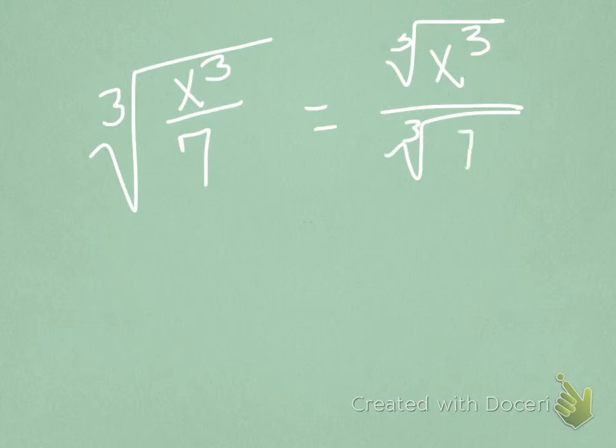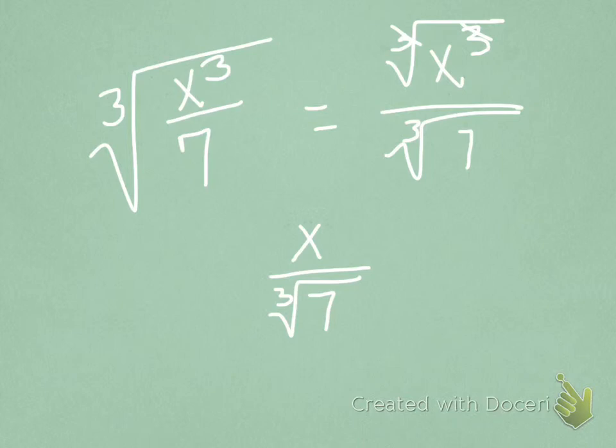So I need to simplify the numerator by getting rid of the 3's. I can't simplify the denominator yet because 7 cubed isn't a thing. So the top is going to become x, and the bottom is going to remain as the cube root of 7.